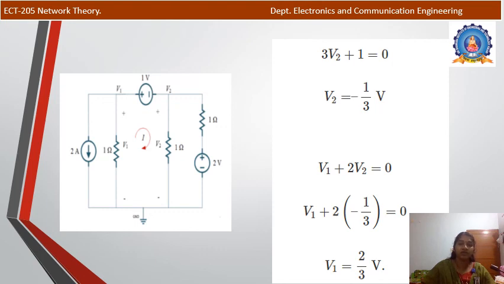Here we get V1 as 2 by 3 volt and V2 as minus 1 by 3 volt. Okay, I think you are clear about what a supermesh and a supernode are, and how we can solve circuits by supernode and supermesh. Okay, thank you.